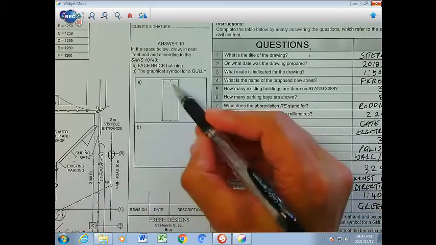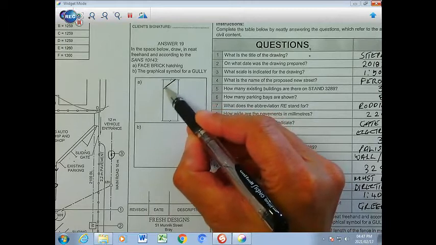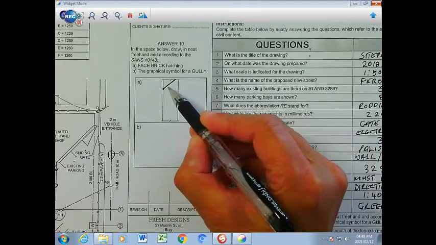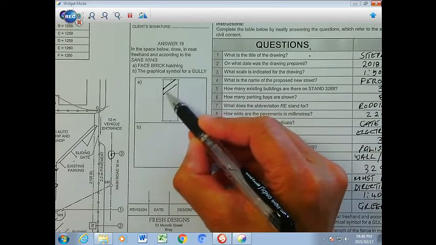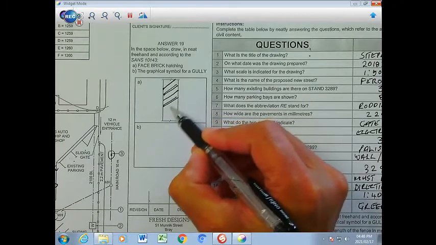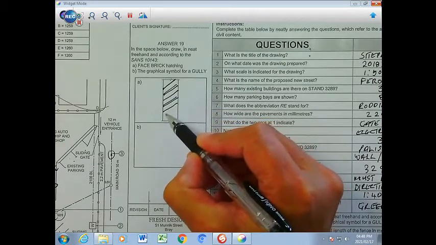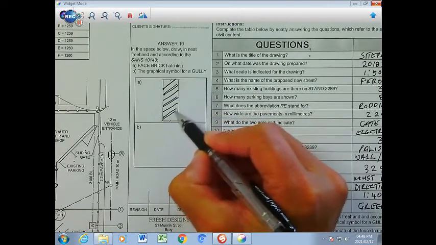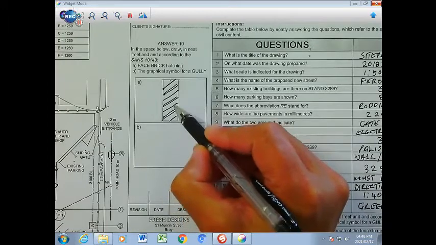So you're going to start with one line there, and you're going to have a gap and then two double lines close packed to one another. So one single line, two lines closely packed to one another, single line, two lines closely packed to one another and a single line, and they are evenly spaced apart.